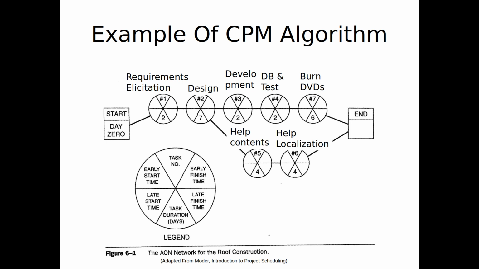Then we write up here ES, early start, early finish, and then late start, late finish. Let me emphasize again, what does early start mean? The earliest we could start this activity given everything it depends on.